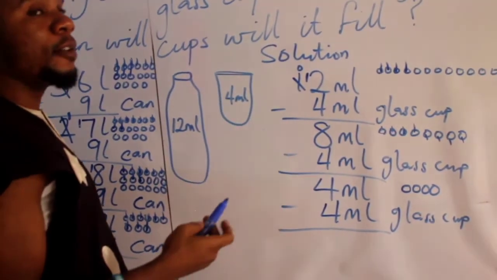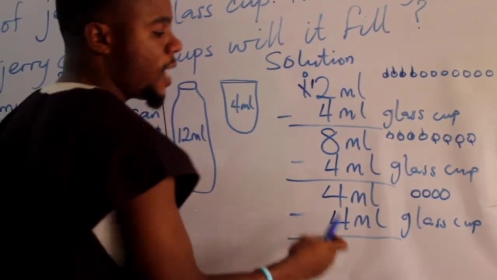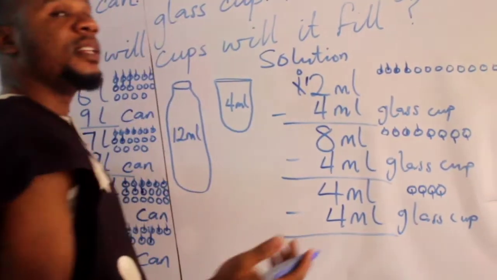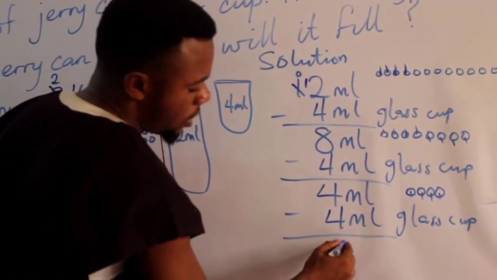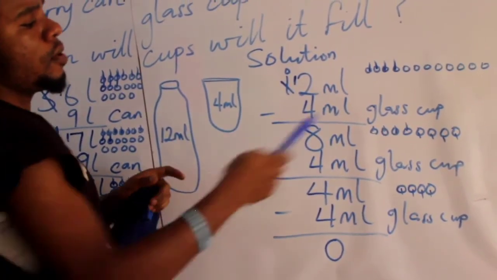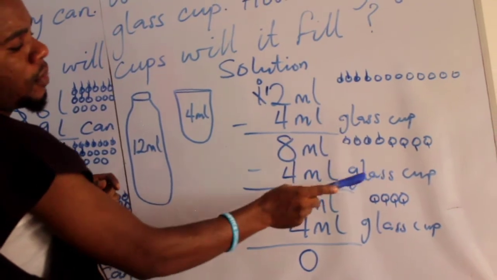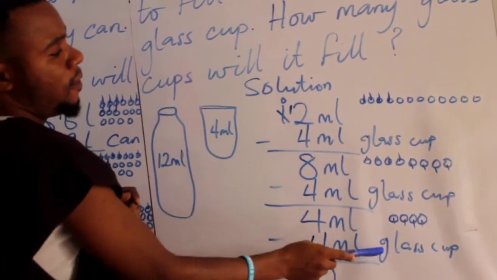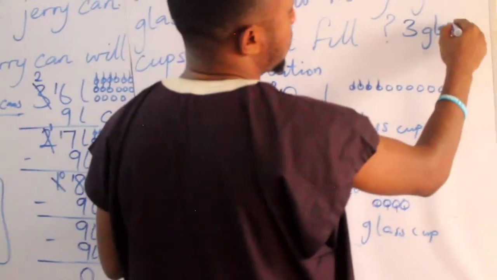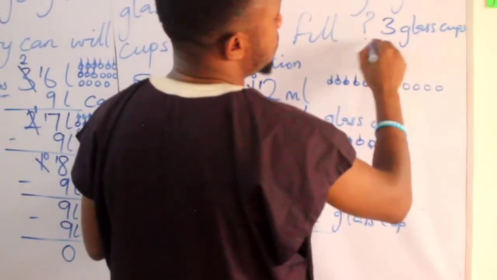So what will I take out from 4? 4. They are identical. 1, 2, 3, 4. Do you have anything left? Good. No. So how many glass cups do I have here? Let's count. 1, 2, 3.